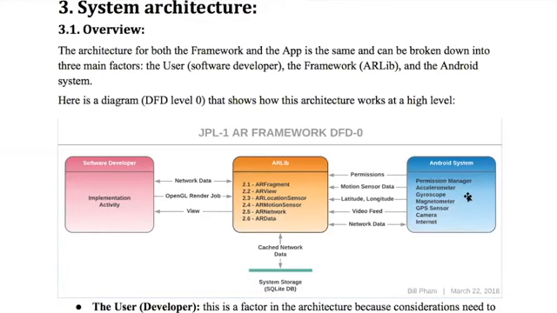The architecture for both the framework and the app is the same and can be broken down into three main factors: the user, software developer, the framework, RLib, and the Android system. Here's a diagram, DFD level 0, that shows how this architecture works at a high level. And here we have a beautiful image, and they give credit to the person who came up with the image here, Bill Pham.